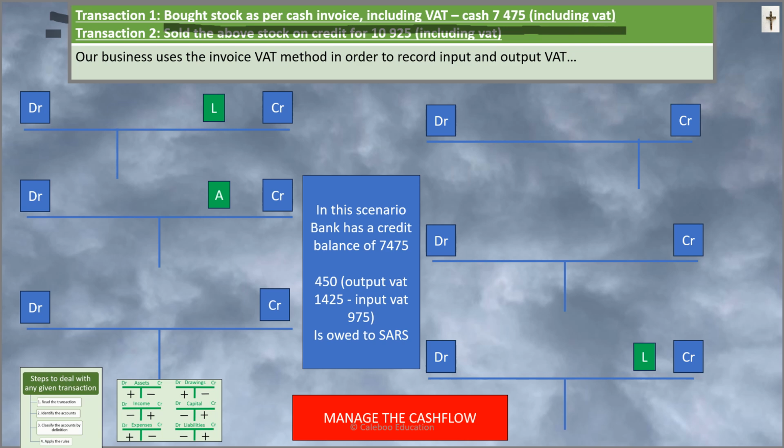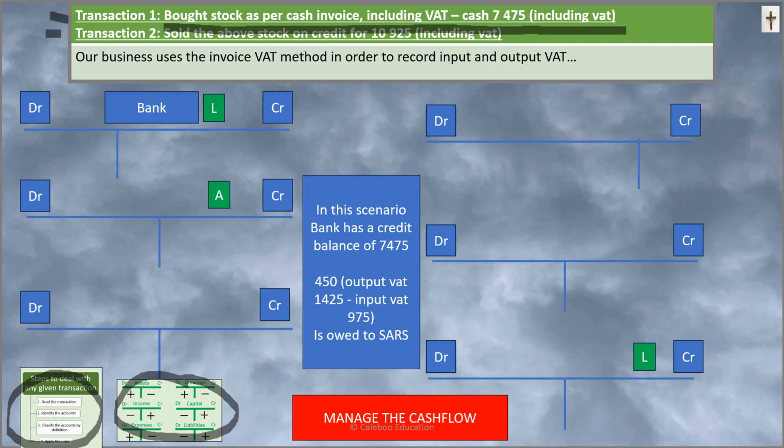So we bought stock inclusive of VAT, and it was 7,475. So what we need to do is record this transaction, and I've put down at the bottom here just some screenshots from a previous video, steps to deal with any given transaction, and then we got the rules. So if you've forgotten your rules, you can go watch my previous videos on the accounting rules.